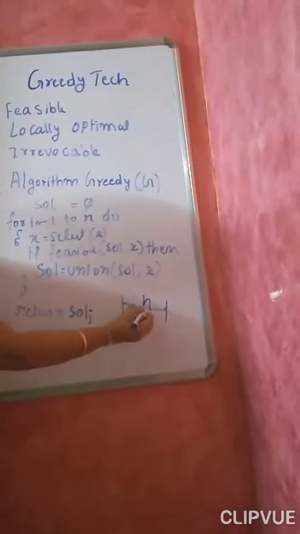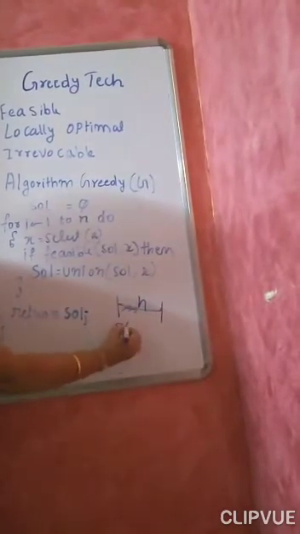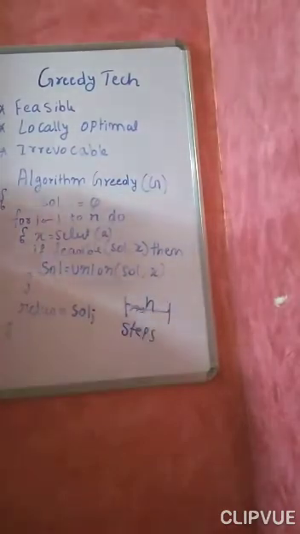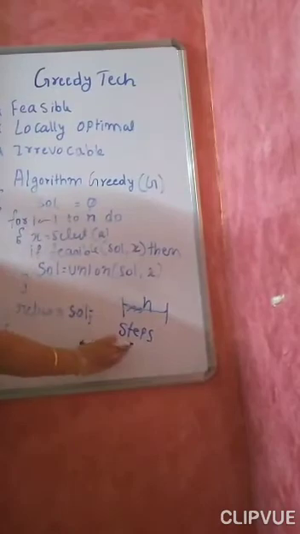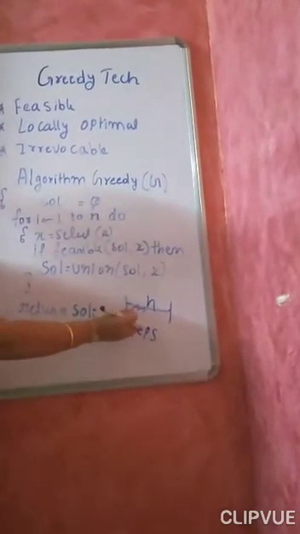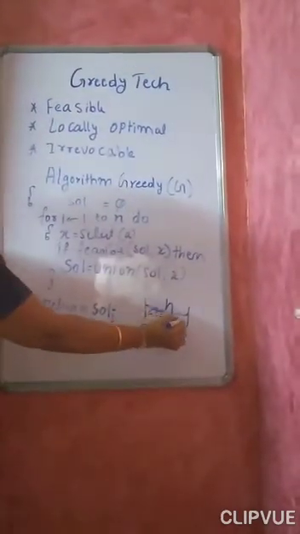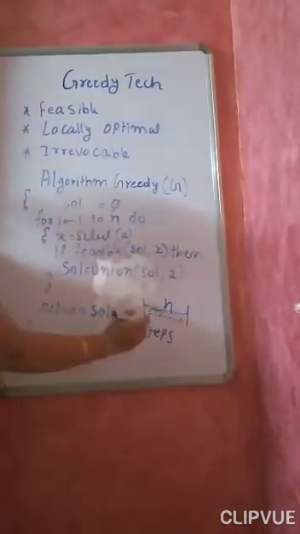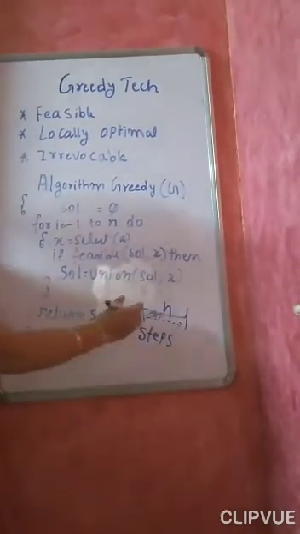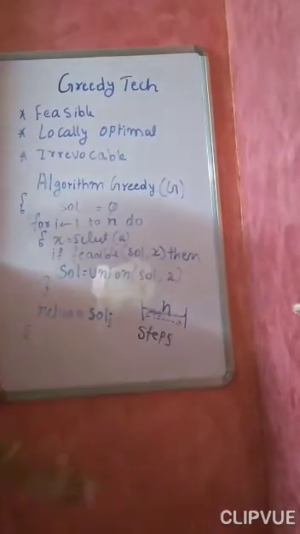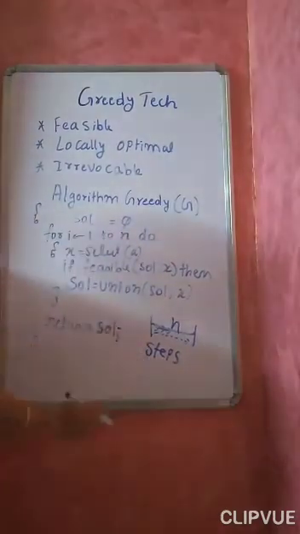That means the solution for this problem will be obtained through a sequence of steps. In each step we get a partial solution towards the complete solution, and step by step we complete it once we reach the entire problem. That's about the greedy technique.